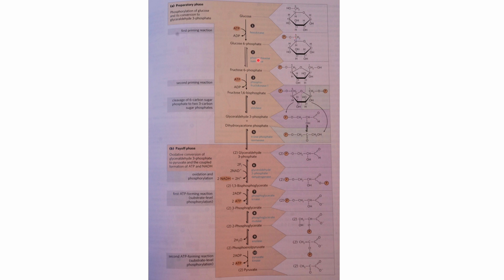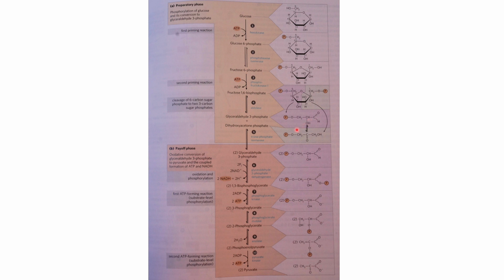After this, you have phosphohexose isomerase, and this rearranges the molecule, and you get the formation of fructose 6-phosphate, which is represented here. So what happens is the number 1 carbon becomes part of a branch moiety at this point, and you convert the 6-member ring into a 5-member ring.